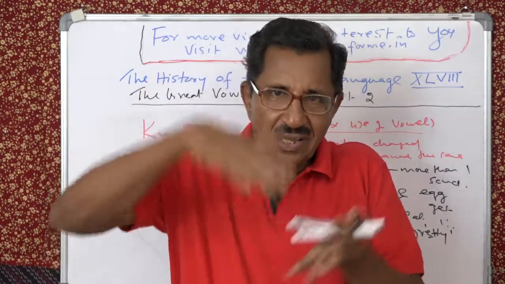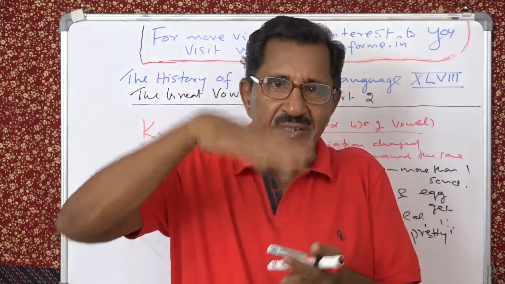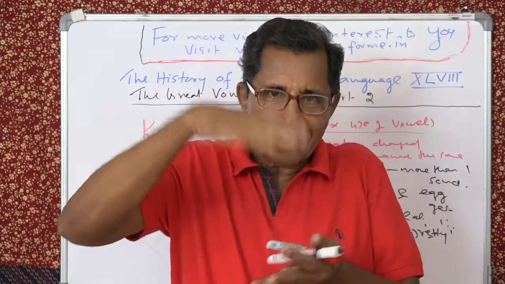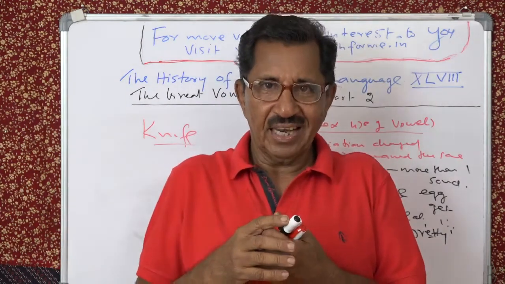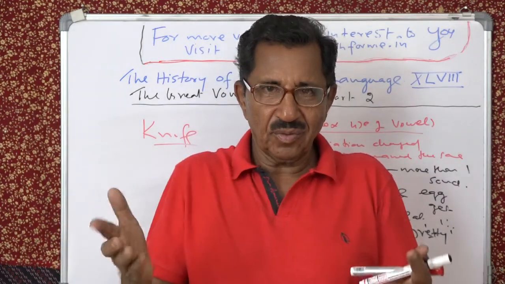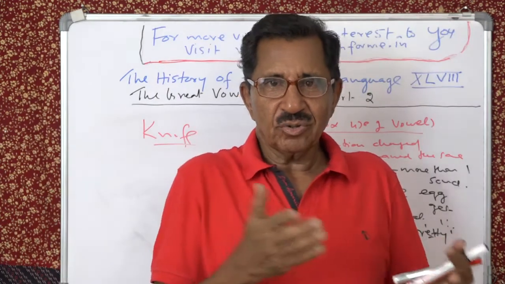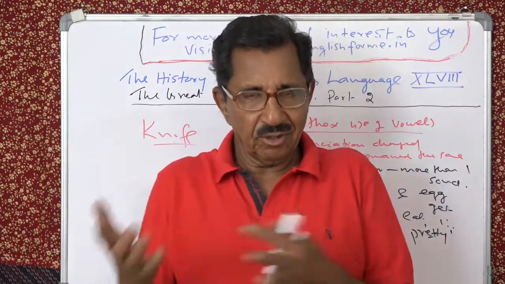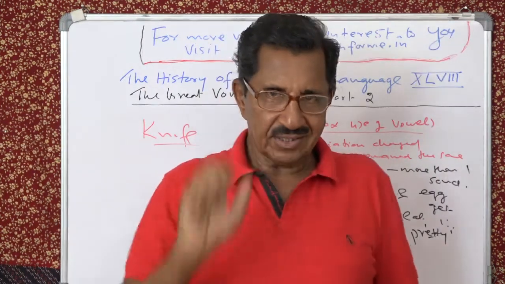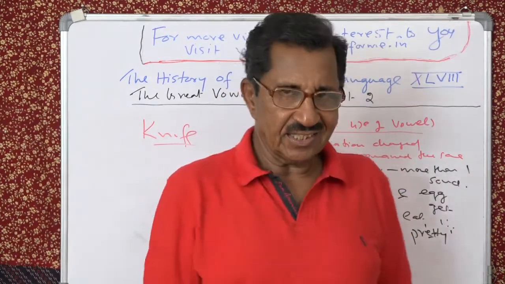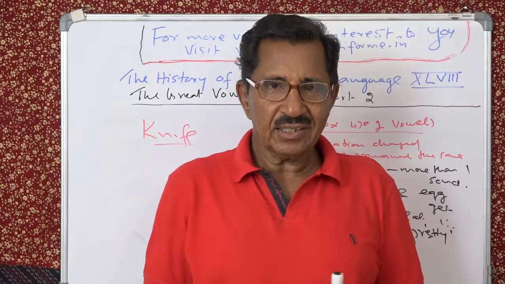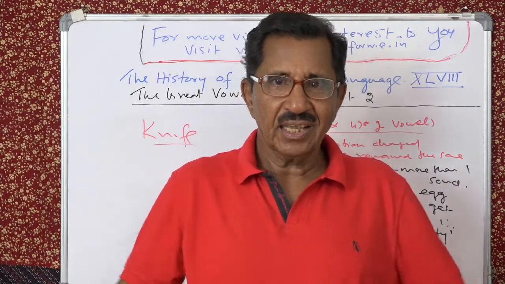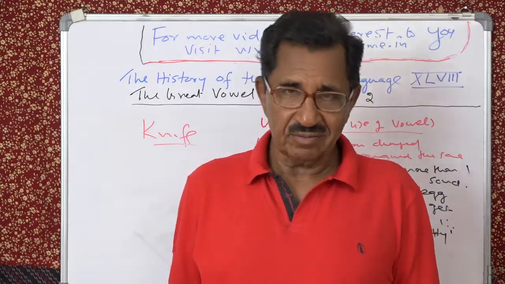So between the remaining vowels some adjustments had to be made. And those adjustments can be shown by comparing Chaucer's pronunciation and Shakespeare's pronunciation. When you compare that, you will find there are only 5 vowel letters, and these vowel letters have to do the work of 20 vowel sounds.